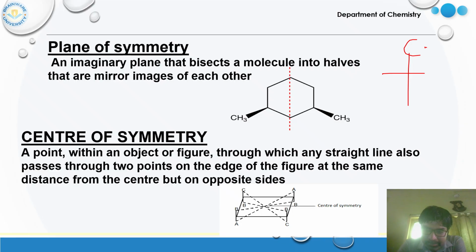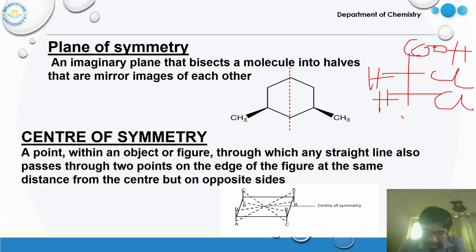COOH, HCl, COOH. So these two are the chiral carbons.